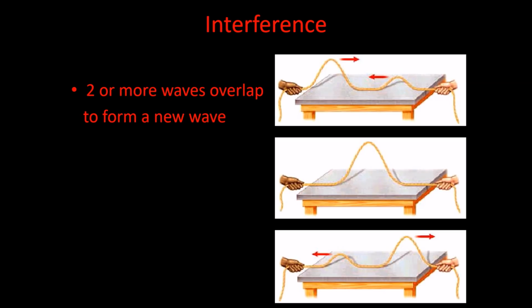So recall when we talked about interference. When we overlap two waves, we can form a new wave, the principle of superposition. In this particular case, we took a mechanical wave, one person flicks a rope this way and propagates a wave from left to right, another propagates a wave from right to left.